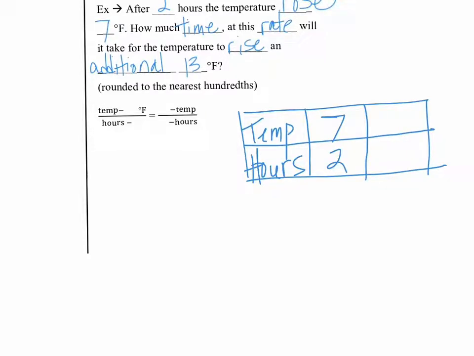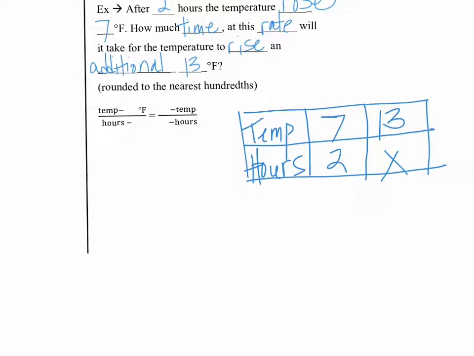The question asks for how long it will take the temperature to rise an additional 13 degrees. Additional 13, and we don't know the time. That will be our x.